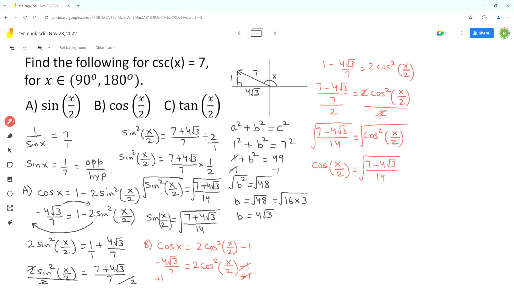Now we can answer part C. Tan of x over 2. We can use the trig identity for tan, which is sine over cos.